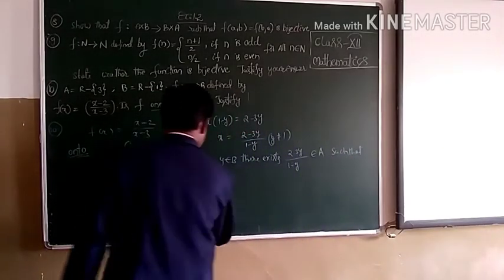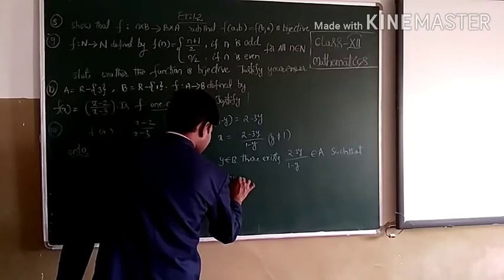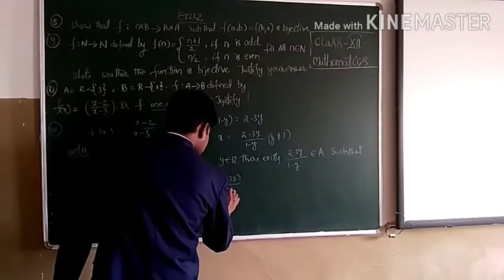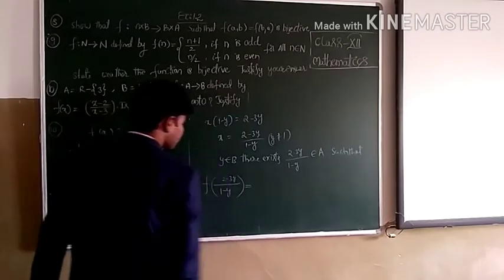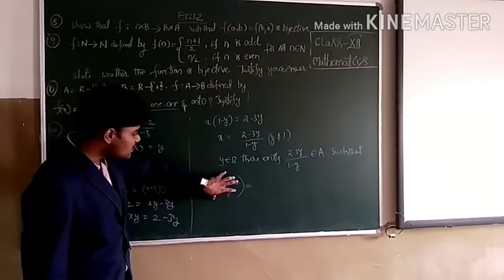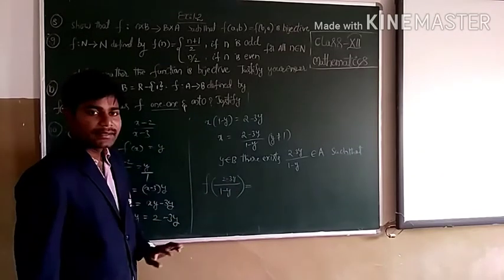f of 2 minus 3y by 1 minus y. Okay, if you substitute this value in place of x, you should get y, right?